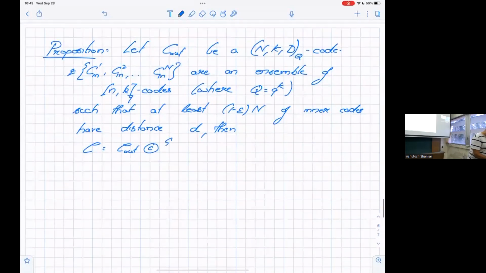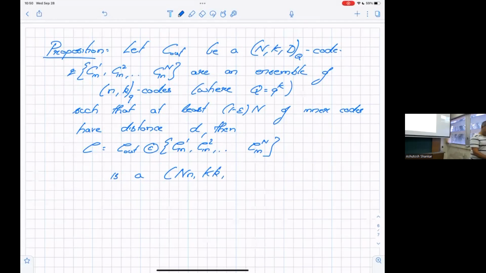Here this is not composed with one object, it is composed with this ensemble. Yes, sir. And the block lengths are as before.